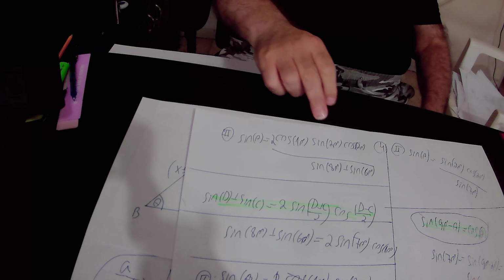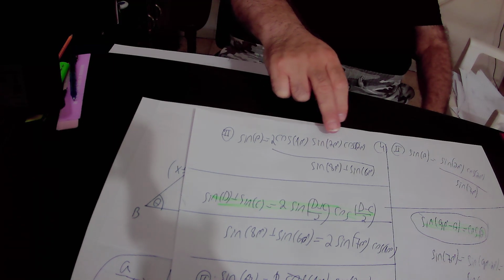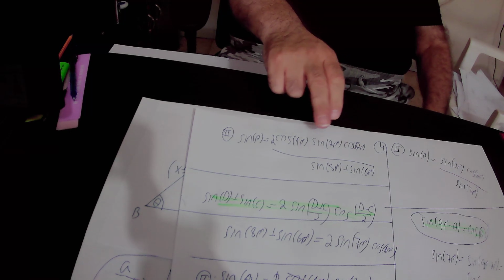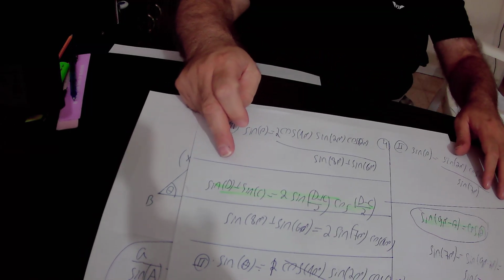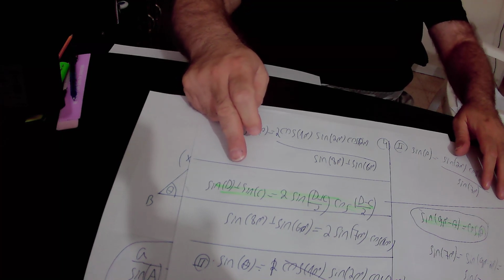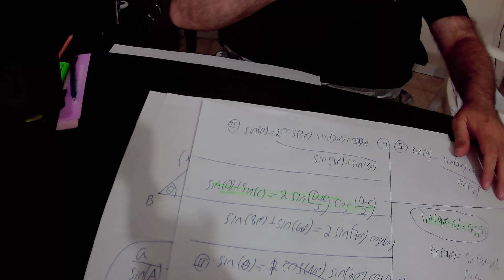Then, in order to simplify the expression of sine 80 degrees plus sine 60 degrees, we use the trigonometric identity that states that sine d plus sine c equals 2 times sine of (d plus c) over 2 times cosine of (d minus c) over 2.